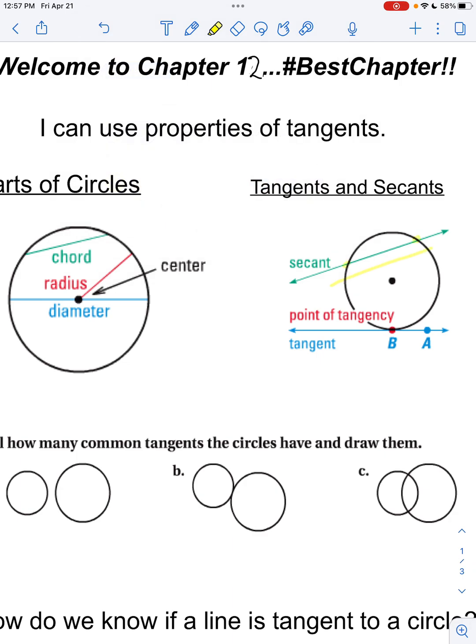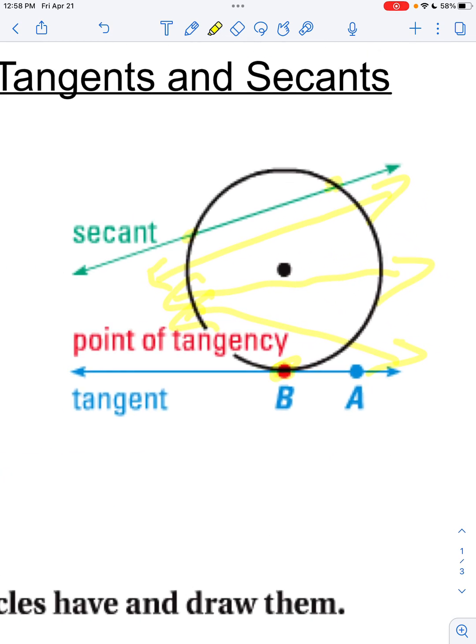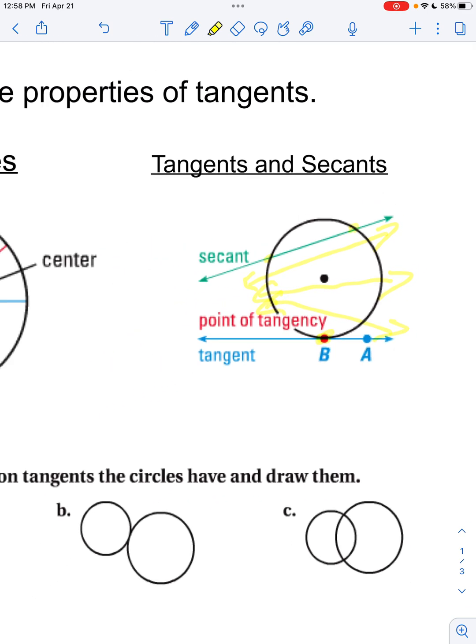Now, a special type of secant line: if I keep drawing them, eventually I'm going to get a special secant line that just touches my circle once, right on the edge of my circle, and we're going to call that line a tangent line. And where it touches is called the point of tangency. So a tangent line touches your circle exactly one time.